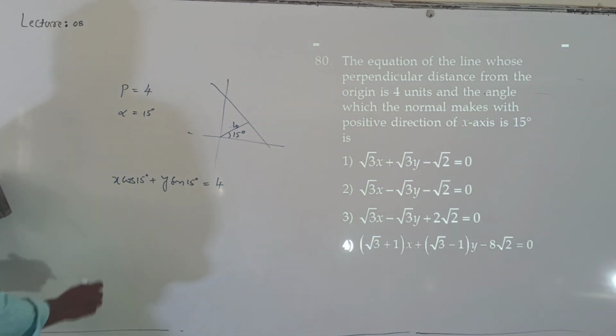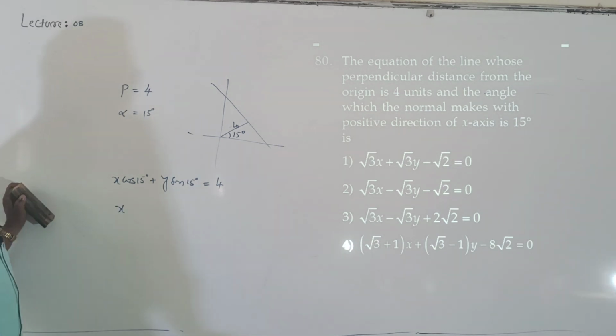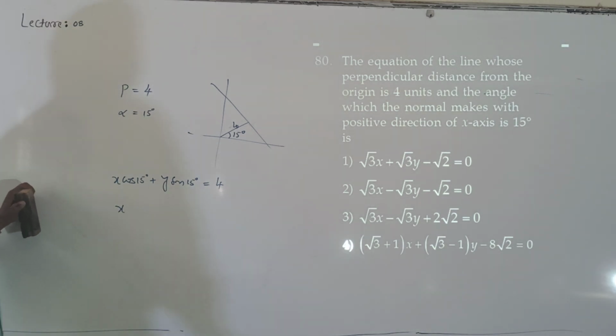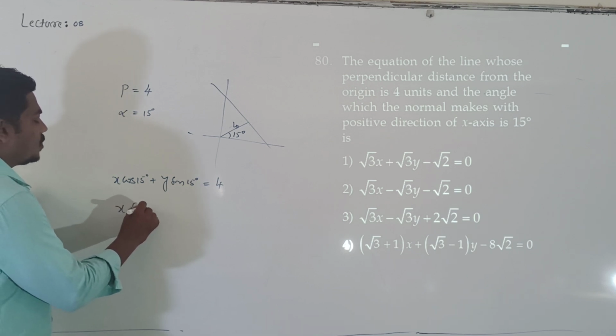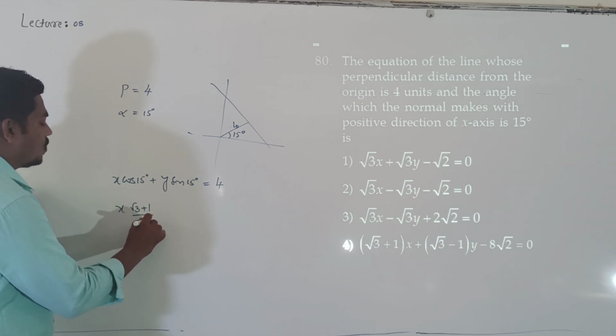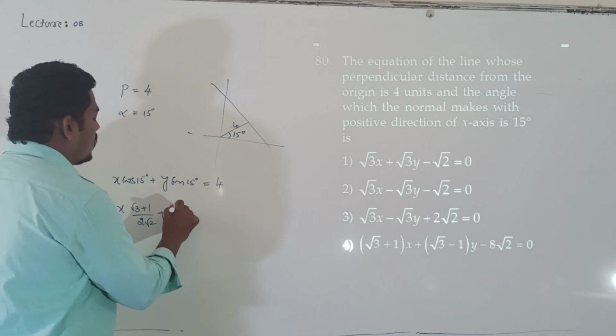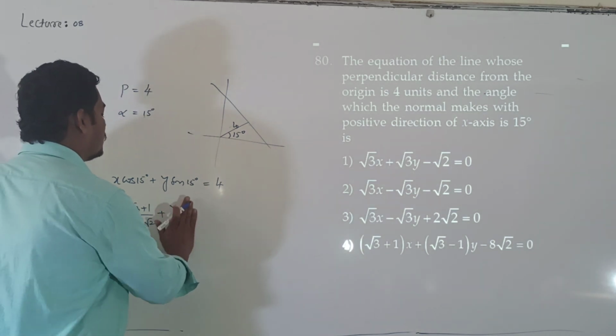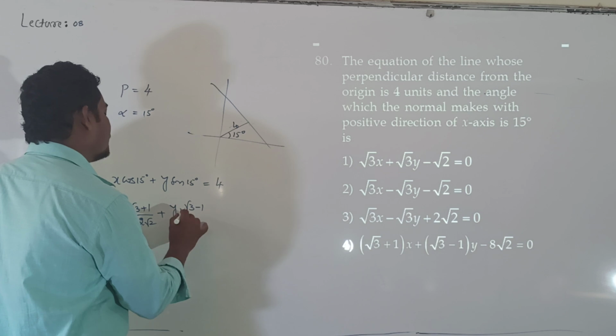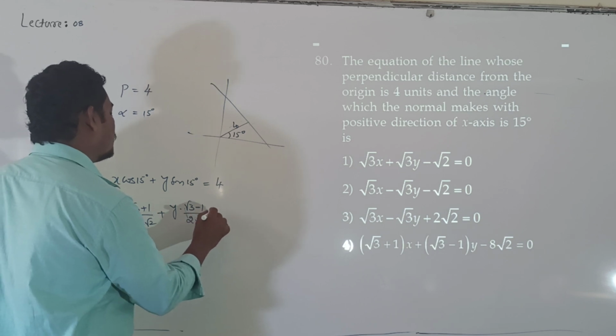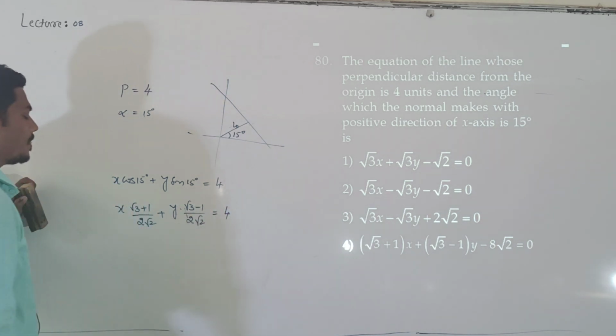Just simplify. x cos 15 value, cos 15 is root 3 plus 1 divided by 2 root 2, right? Plus y into sin 15, root 3 minus 1 divided by 2 root 2, that is equal to 4.